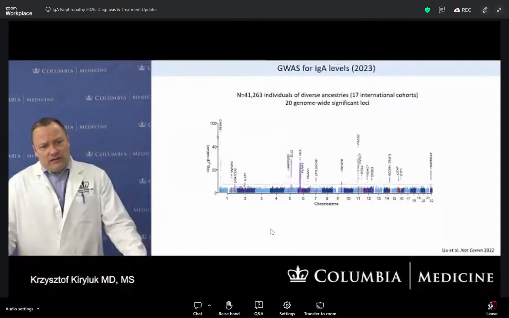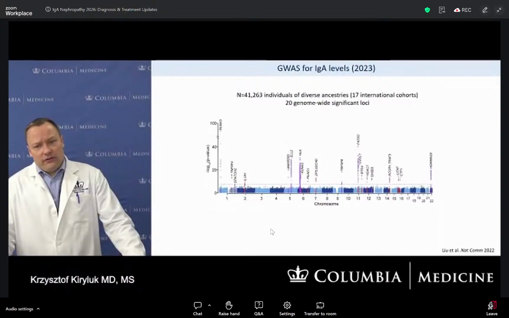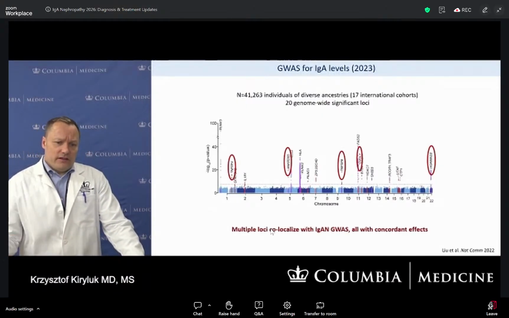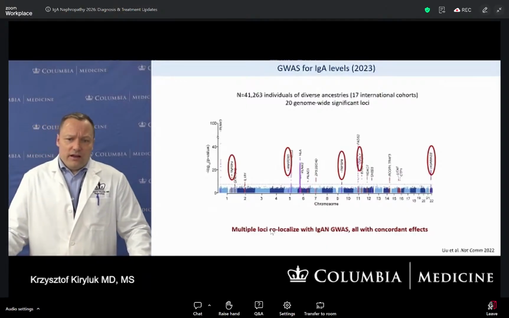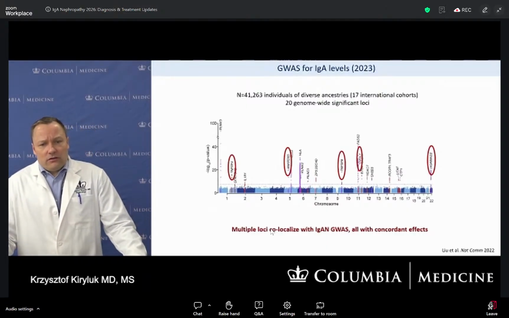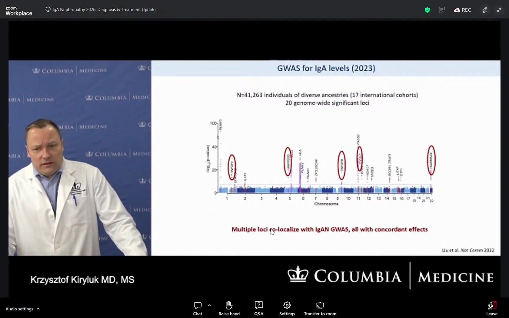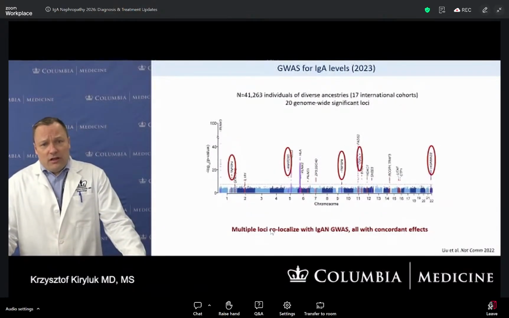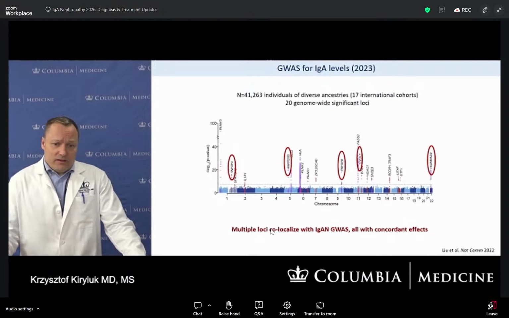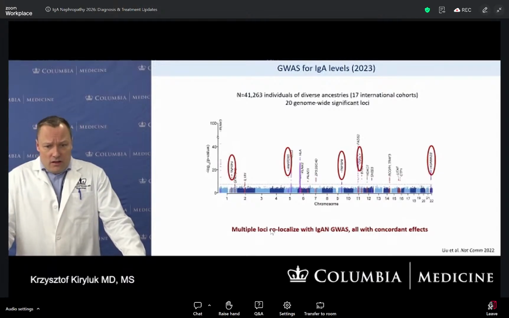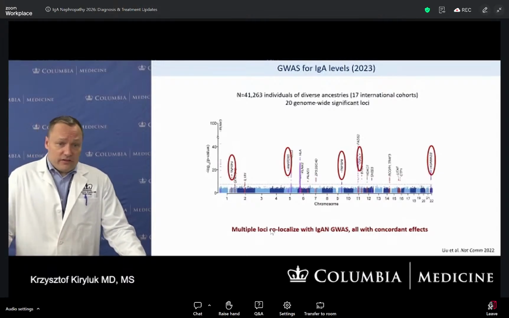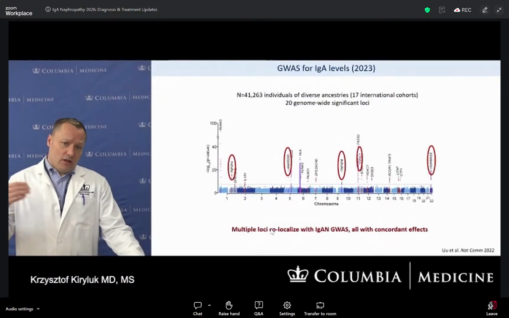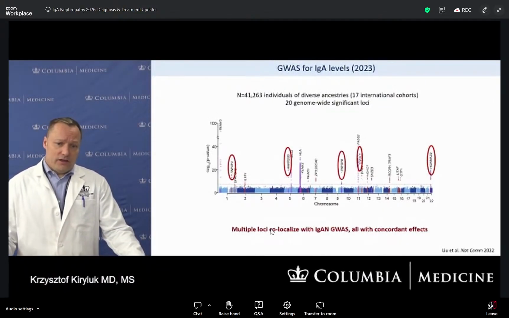And as you can see in this approach, we also discover multiple genome-wide significant loci. What's interesting here is that multiple of these loci actually are perfectly colocalizing or coincident with the loci discovered in a case-control approach where we studied biopsy-diagnosed IgA nephropathy patients, really suggesting that there's a strong genetic overlap in susceptibility to IgA nephropathy and high IgA levels.